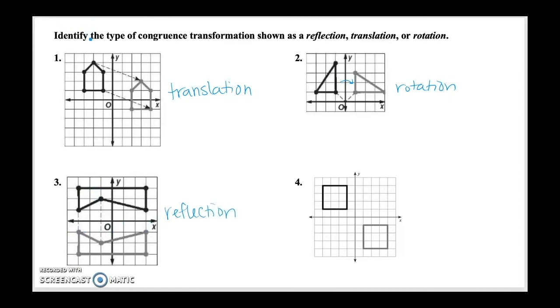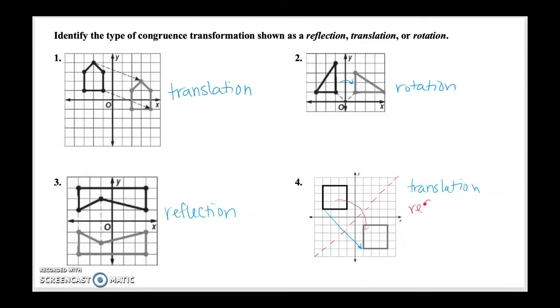All right, now last one is kind of interesting because this one actually could be any of them depending on how you look at it. So clearly it could be a translation, right, if you were to just move it from here to over here. So that's one possibility. Or you could look at it as a reflection across this diagonal here. So this would be just like reflected across that way.